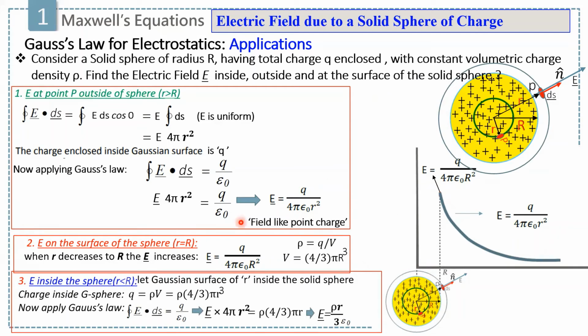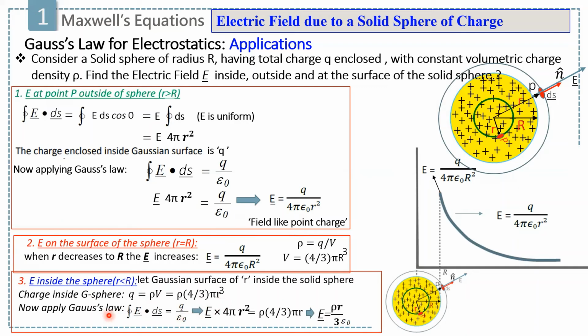And now the total charge inside the Gaussian surface would be q is equal to rho V, where rho is the charge per unit volume, and this volume is the volume of the Gaussian surface, and that is 4 over 3 pi r cube.